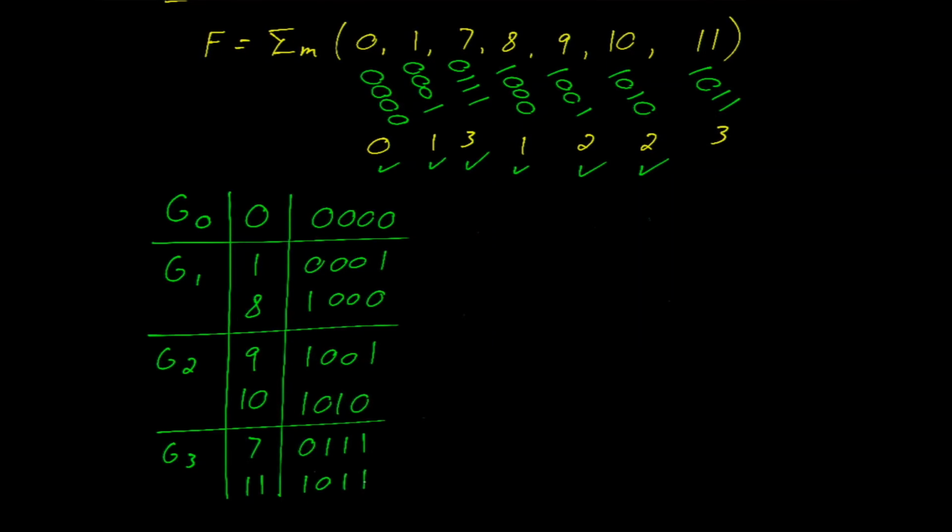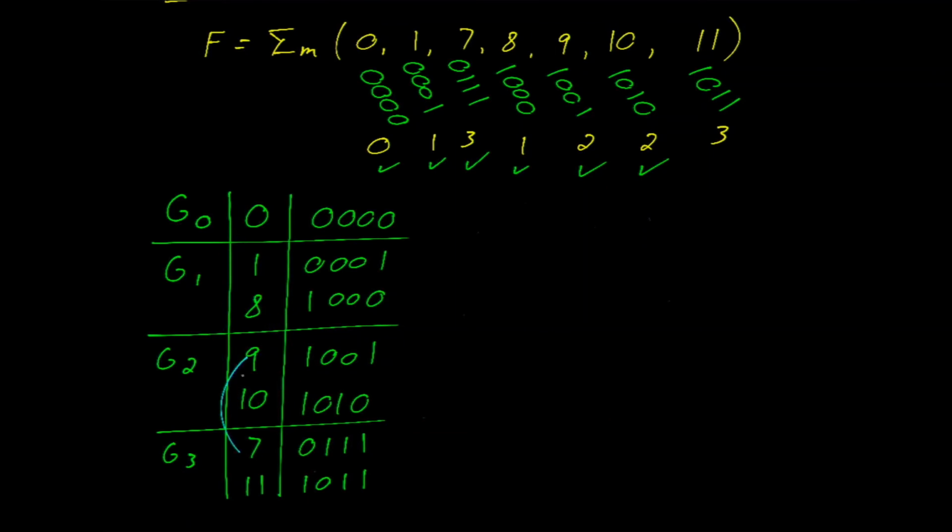With everything in a neat table, we can now do comparisons, looking for single-bit differences. For example, we're going to compare minterms 0 and 1. Then we'll compare minterms 0 and 8. It's almost like algebra with the FOIL method, because the next thing we're going to do is compare 1 to 9, then 1 to 10, 8 to 9, and 8 to 10.